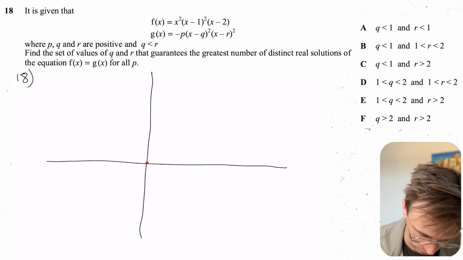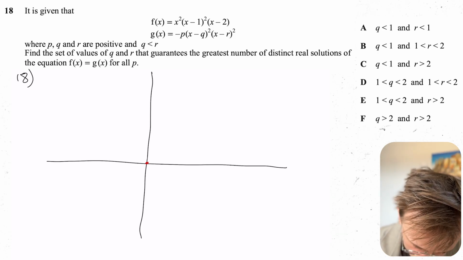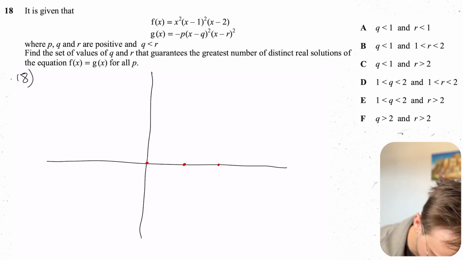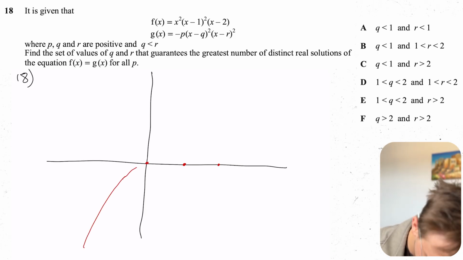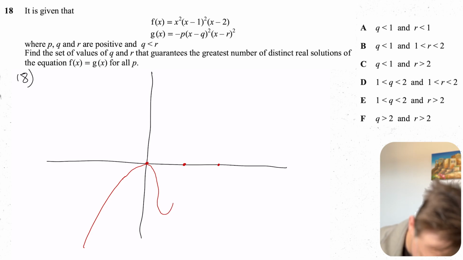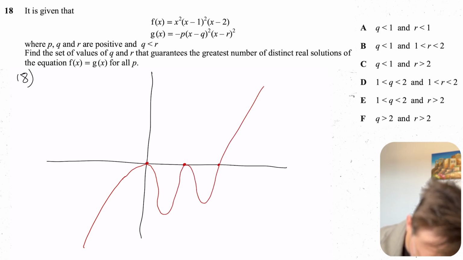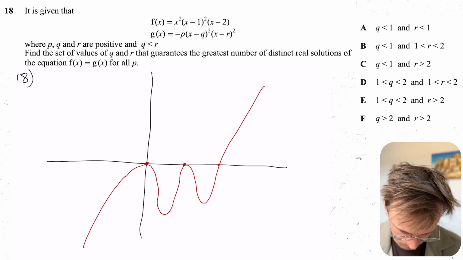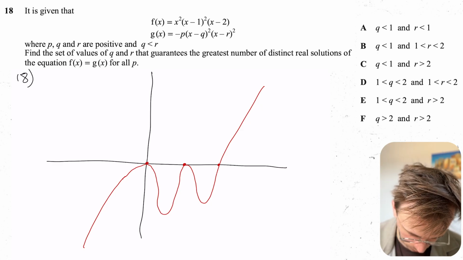Oh no, it's a single root on 2. Okay, phew. Double root on 0, double root on 1, single root on 2. Is that right? Quintic would, yep, that's right.